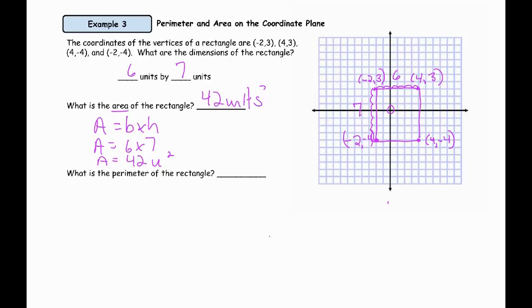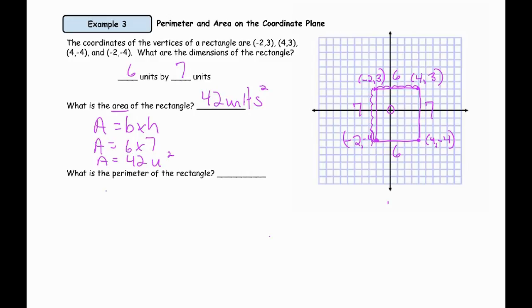Okay. Now we're going to go ahead and figure out the perimeter of the rectangle. Now we know that perimeter is the distance around our rectangle. And so in knowing that, by labeling these other sides, we can add up all our sides.